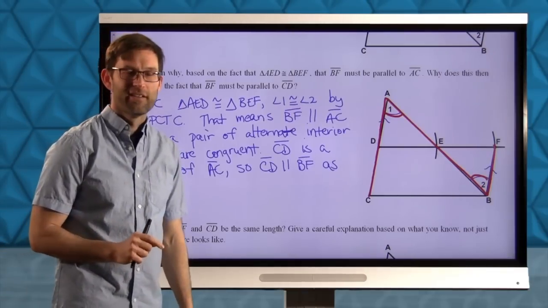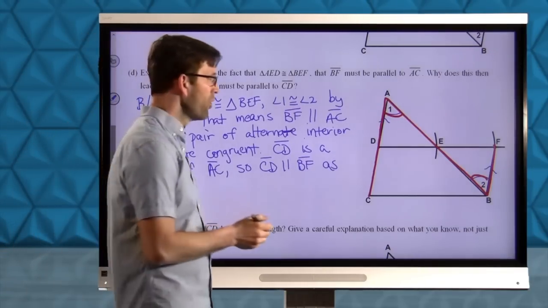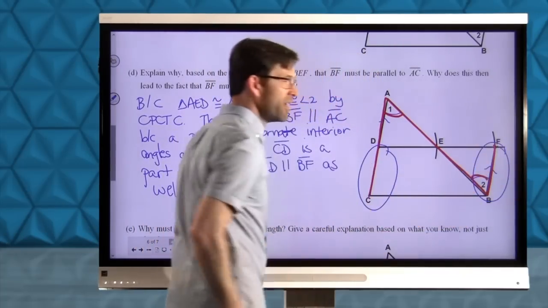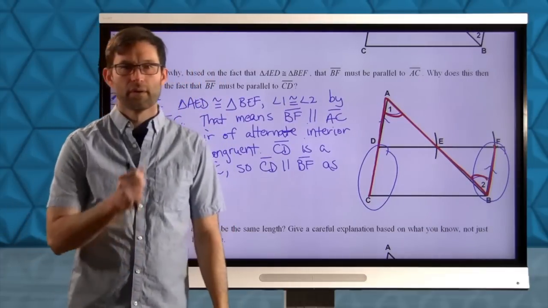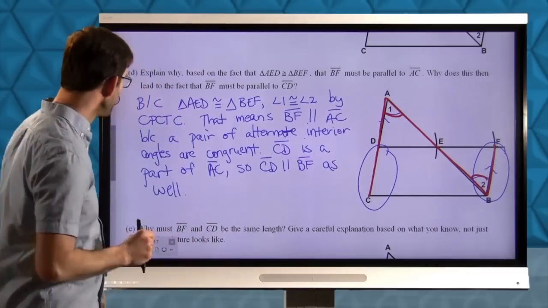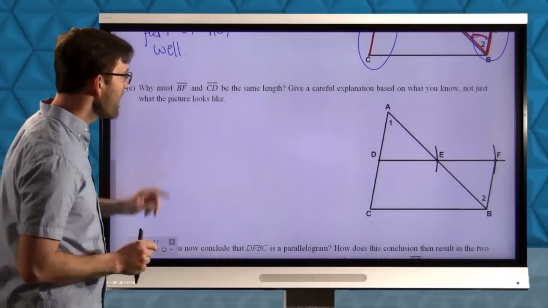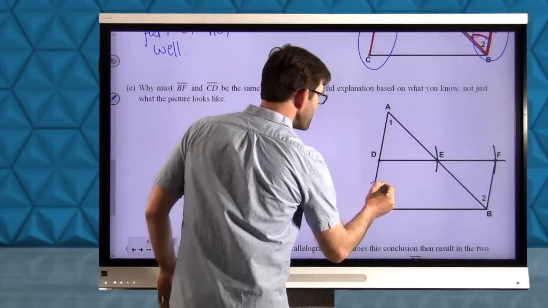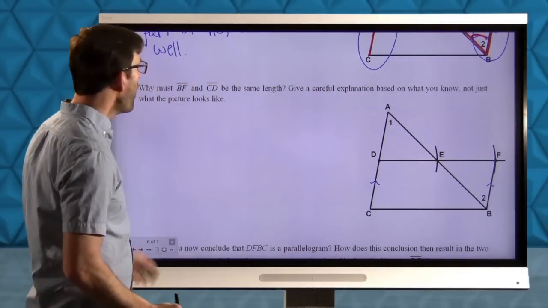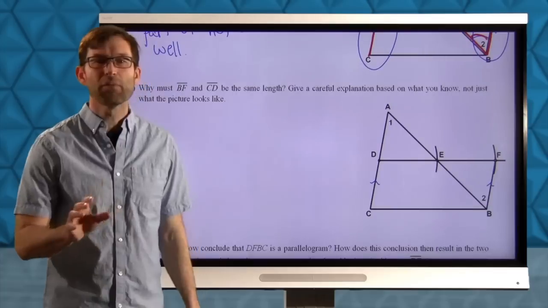Now, something's starting to feel familiar. I now know that this side and this side are parallel to each other. So let's keep going. Right now, I know that CD and BF are parallel to each other. Why must BF and CD be the same length?